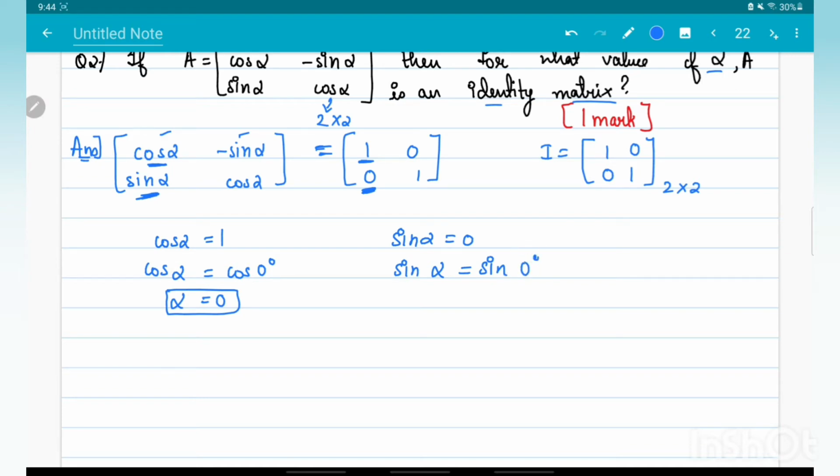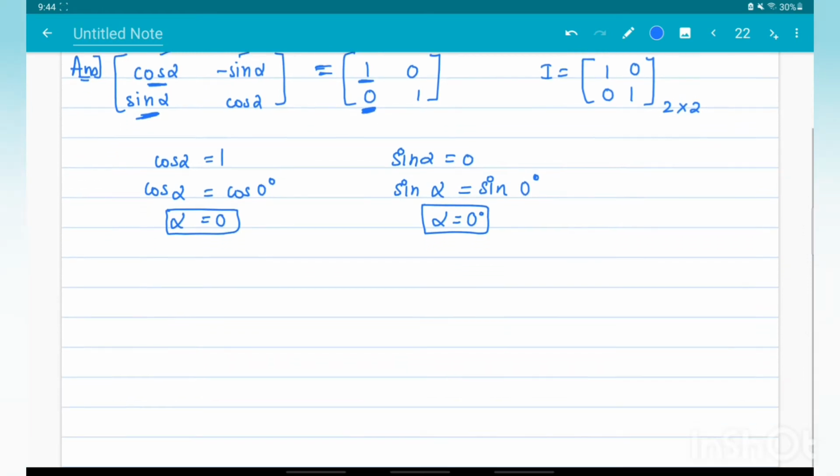You know that sin 0 degree is equal to 0. So from this we can conclude that alpha is 0 degree. As you can see, if you take any element and equate it, you will get the same value of alpha. So our final conclusion should be that, hence, for alpha equal to 0 degree, that is, alpha equal to 0, A is an identity matrix.